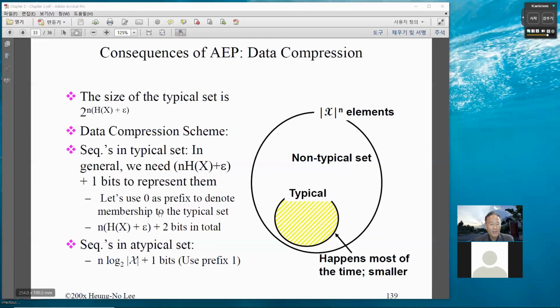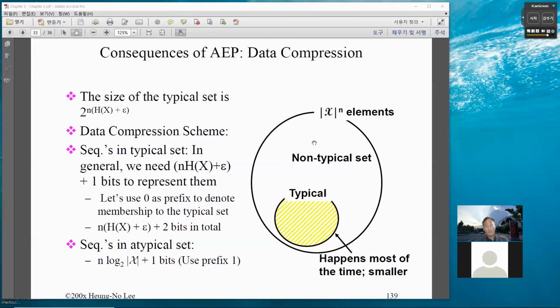You will have a sequence, and you can represent it with this many bits, okay? And then with a very, very rare chance, you will have to allocate this many bits to represent the sequence.